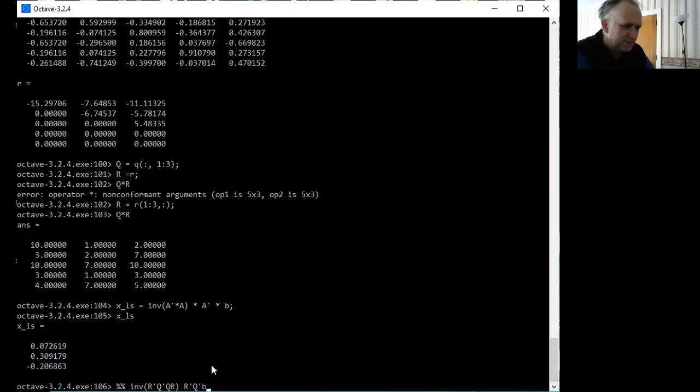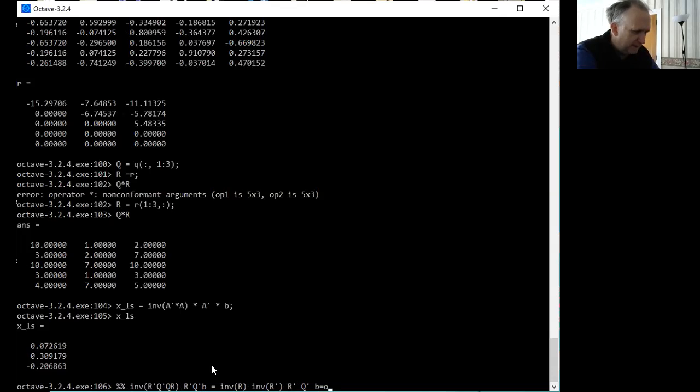Well, look, Q transpose Q is I. That goes bye-bye. R is invertible, so the inverse is flipped, right? So I get inverse R times inverse R prime times R prime times Q transpose times B. Well, inverse R prime times R prime is I. Again, they're inverses.